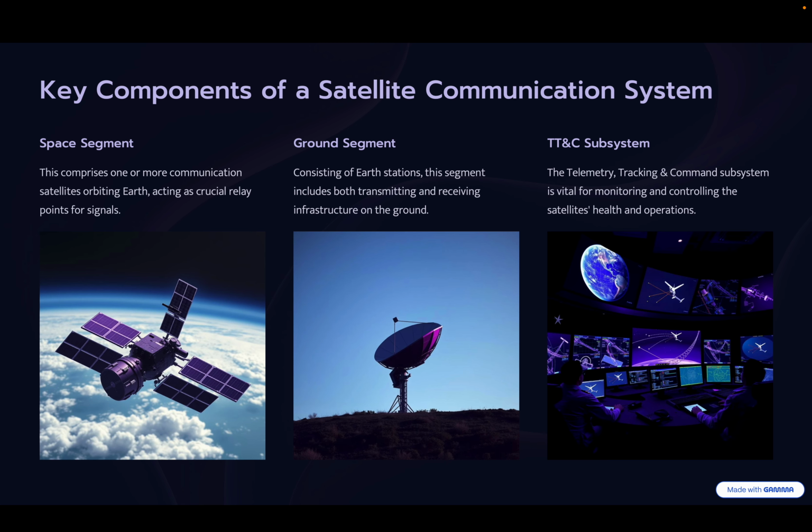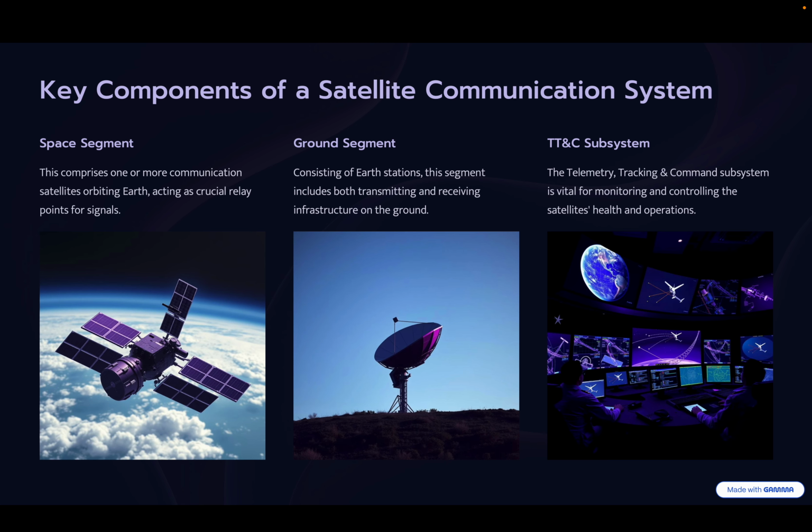For example, we need power, so a power subsystem is present in the satellite, and we require some electronics, a computer, so it is present in the satellite. So like this, there are various different subsystems present in the satellite, and these subsystems enhance the life of the satellite or the functioning of the satellite.